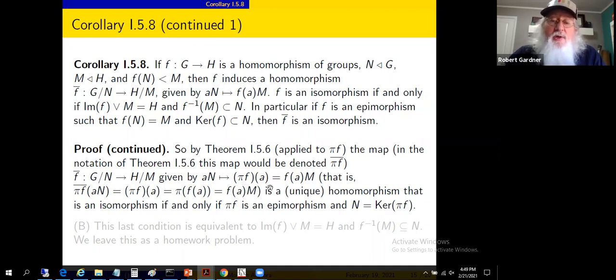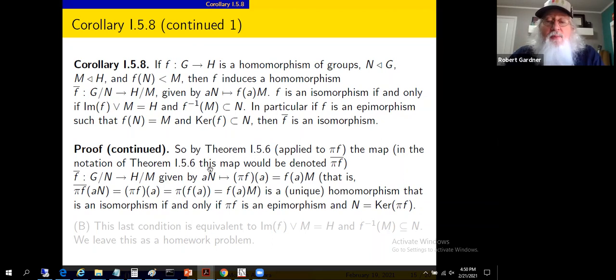The projection here producing a left coset. So we're taking aN and we're mapping it to the function pi f of a. That would be pi of f of a. There's f of a. Pi, the canonical epimorphism, turns the f of a into a left coset.